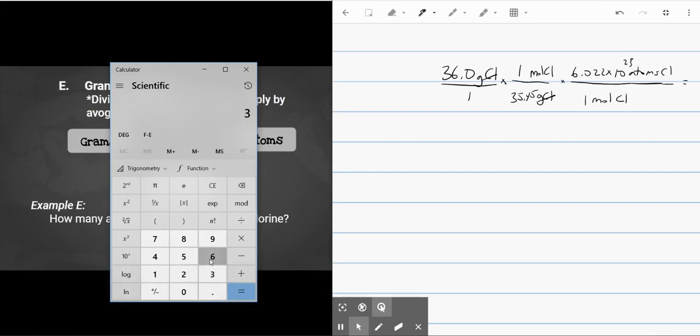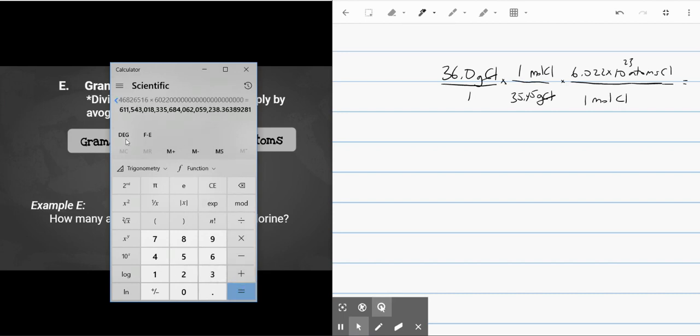Okay, so now let's get our calculator and see exactly what we have. 36 divided by 35.45. Whoops. There we go, divided by 35.45. I'm going to hit equals just so the calculator doesn't do anything weird. So I have just slightly above 1 times 6.022 exp for exponent 23. And then I'm going to hit equals.